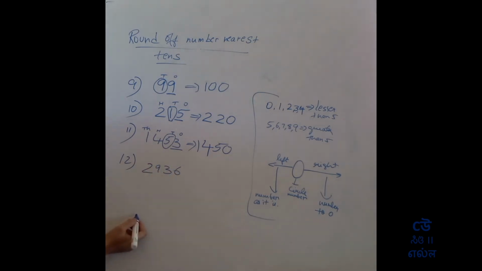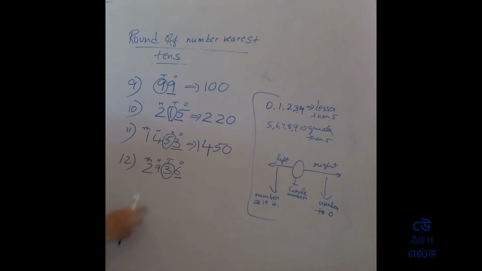Next, 12th problem. 2936. We have to write the place values, that is ones, tens, hundreds and thousands. Next, consider the tens place number, and to the right side of the tens place number we have to check if it is less than 5 or greater than 5. So we have 6, and 6 is greater than 5.